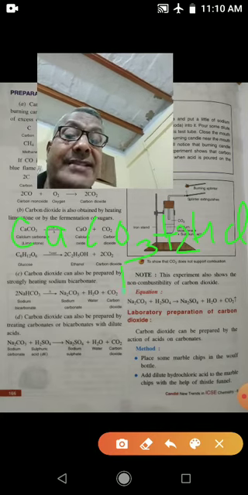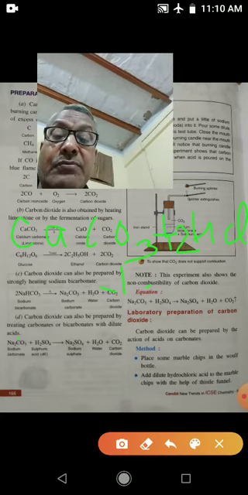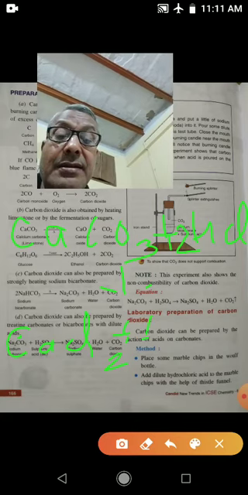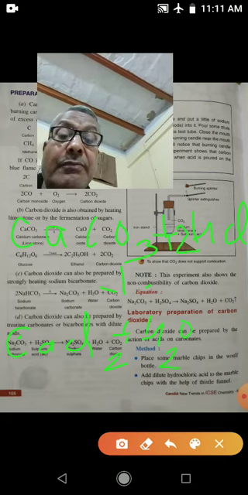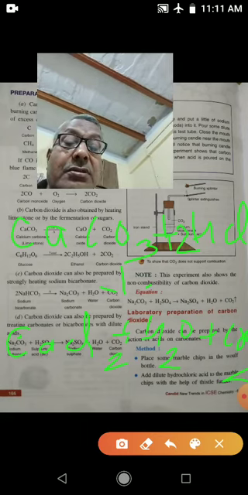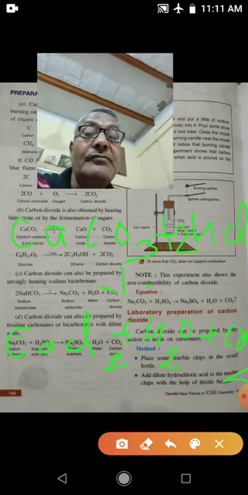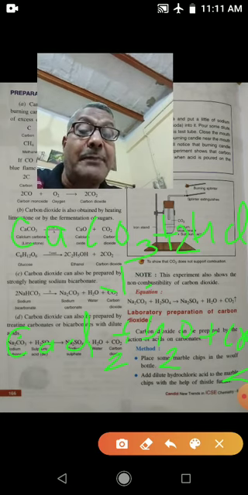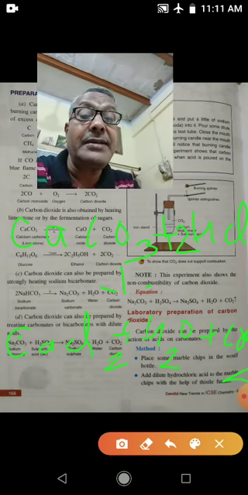Now products are calcium chloride, CaCl2, water plus carbon dioxide. So these are the products. This is the balanced equation for the preparation of carbon dioxide.